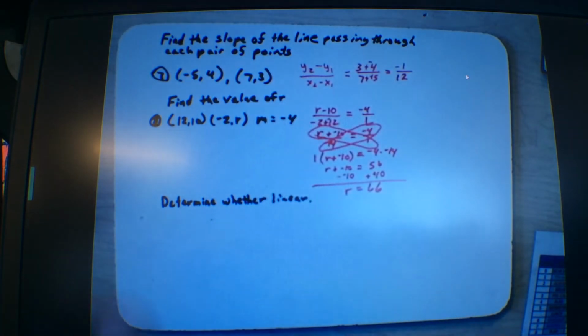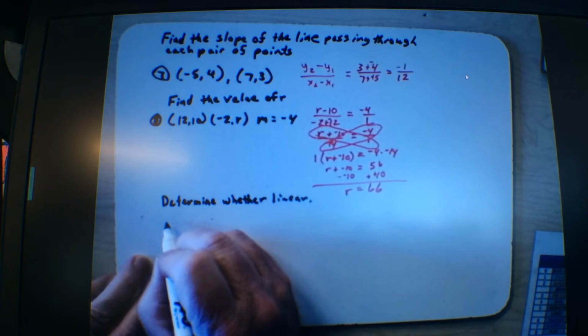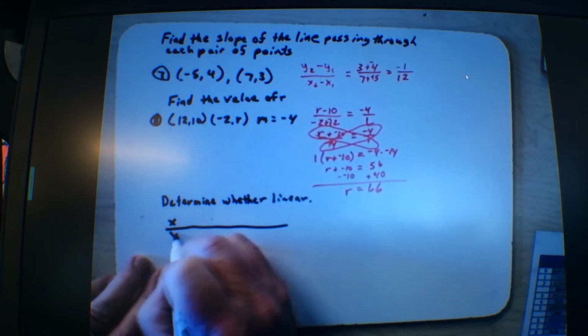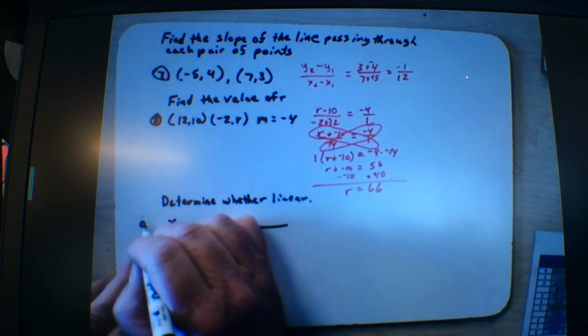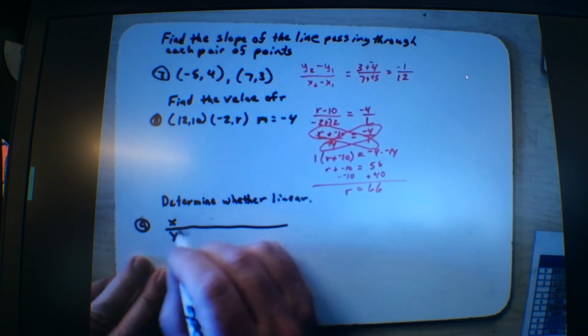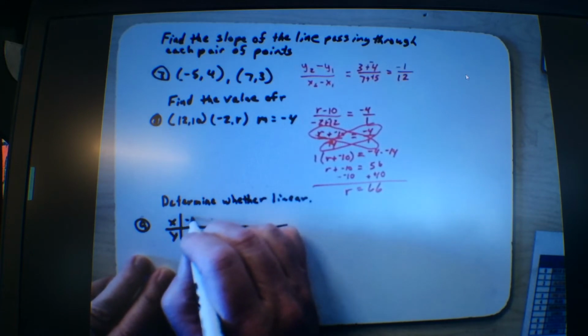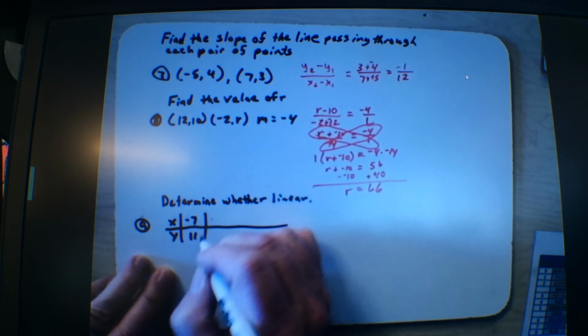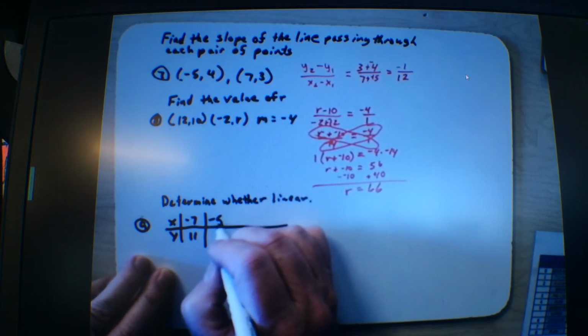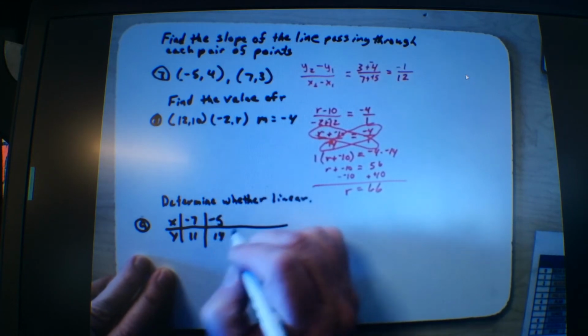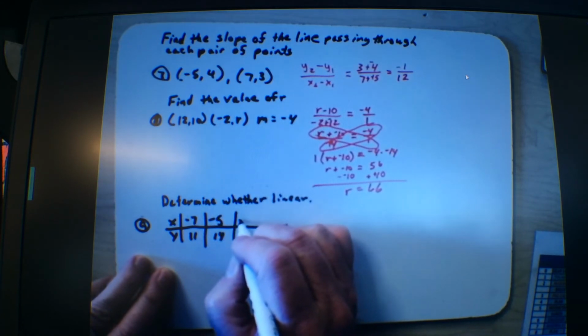Determine whether this is linear or not. Do we have to solve? Watch. I'm not done yet. This is number 9. Sorry, Jackson, but I think this might help you.